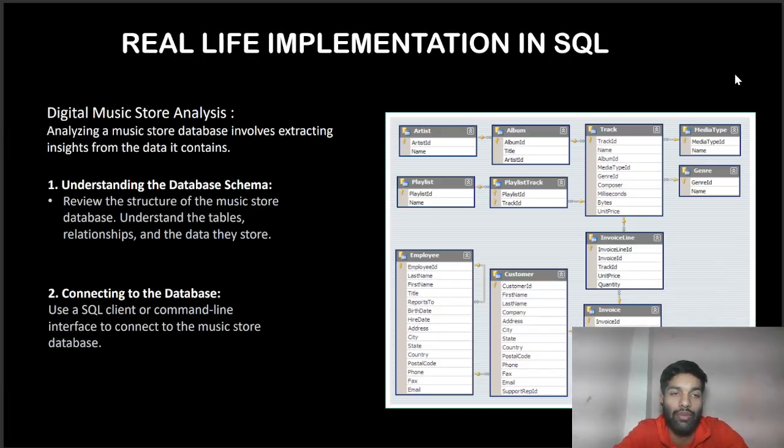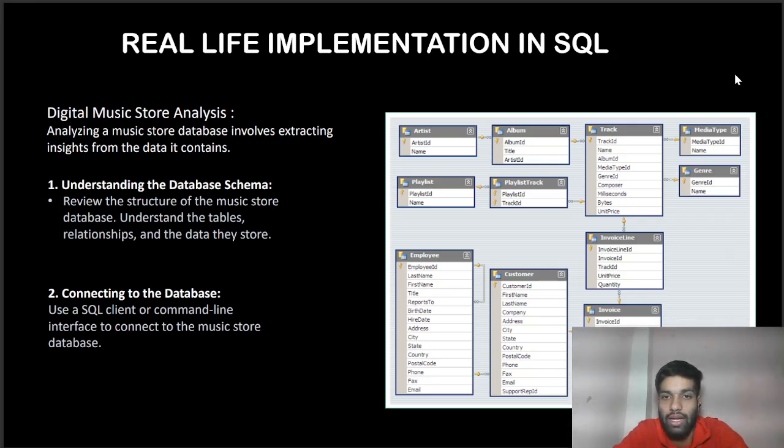I have done a project, digital music store analysis, in which I analyzed a music store database. I have explained the whole project procedure in just 5 steps. The first step is understanding the database schema. Here is the schema I have pasted.